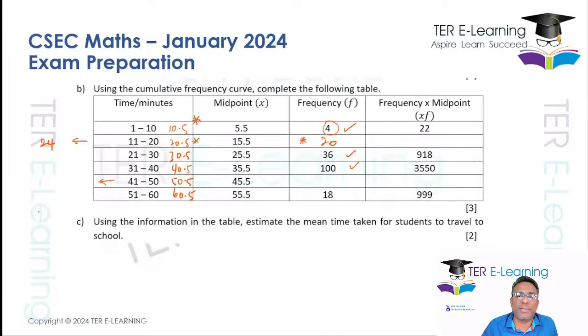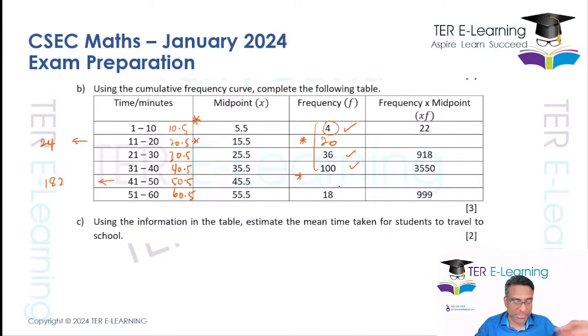This corresponds to 182. Now, in order for me to get this frequency here, I need to remove everything that I had before. So for 182, I have to subtract all of this here.